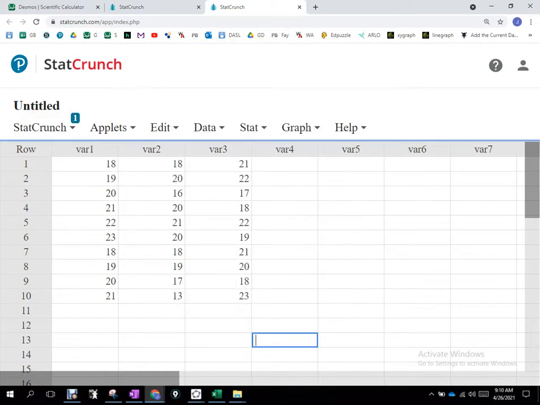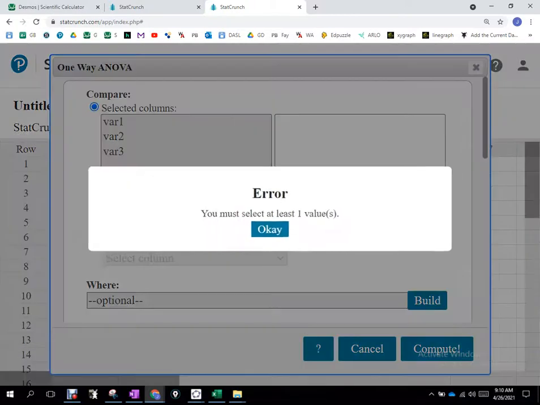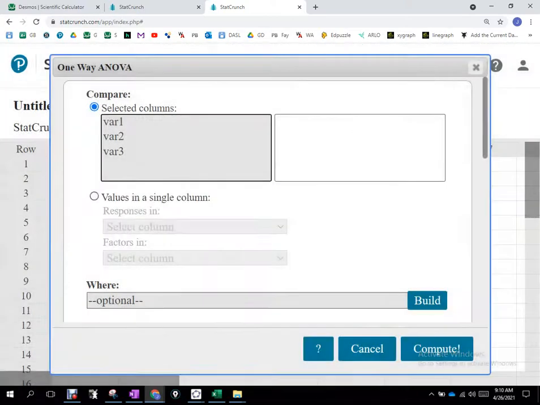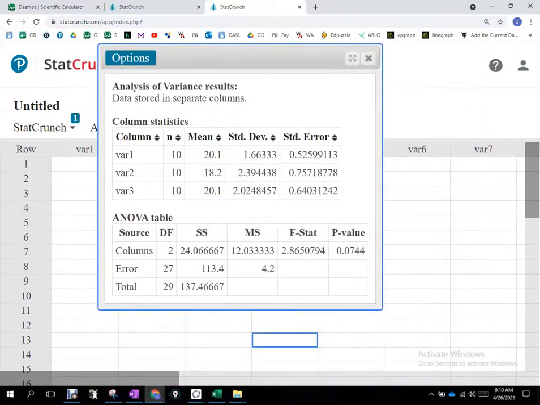If you just start with ANOVA, go one way, and just hit compute right away, you must at least select one variable. So I have to select that one to be compared, and that one compared. So much easier using the tool, right?